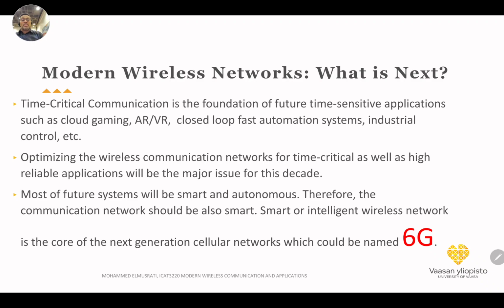Smart or intelligent wireless networks are the core of the next generation cellular networks, which might be named 6G, or anything else, but the next generation of communication, and we are starting the mission now that it should be intelligent. The networking should be intelligent and smart enough to handle smart and intelligent applications. So this will be the future, and that's all about this course.